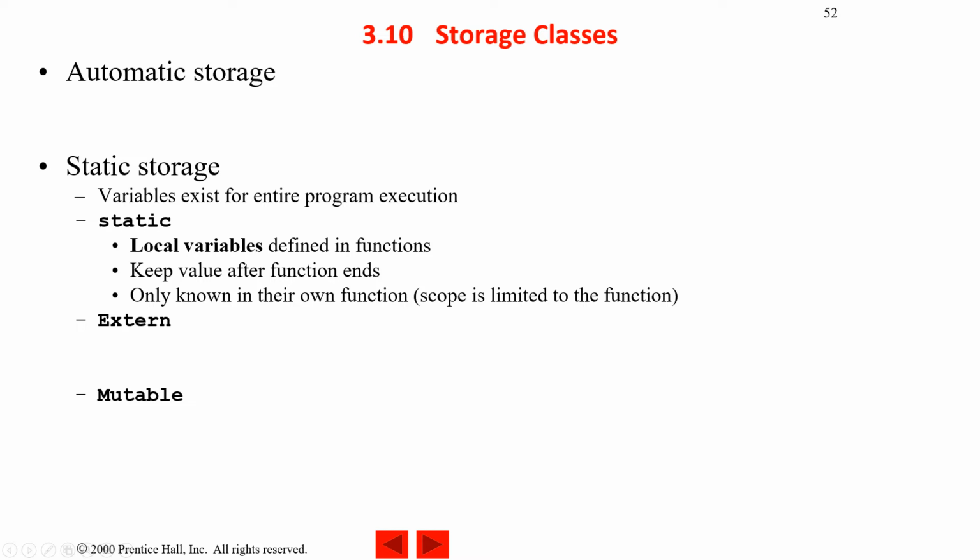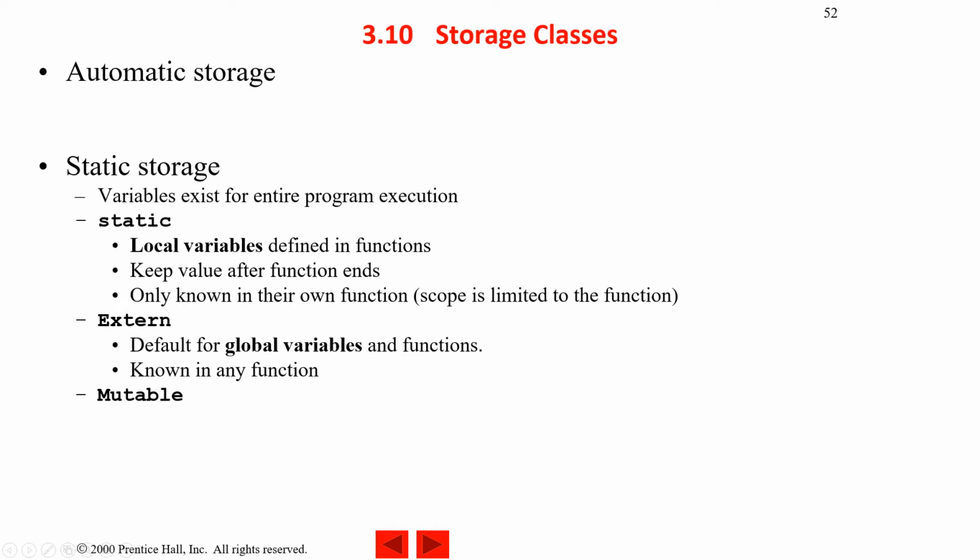Usually we use the static variable inside a function, and what it means if we define a variable as static is that the value of the variable will not be destroyed when the function ends. Normally when a function starts, the variable is defined. When the function ends, the variable is destroyed. If we define it as static, then it will not be destroyed. It will be there the next time we call the function. The same value will be there.